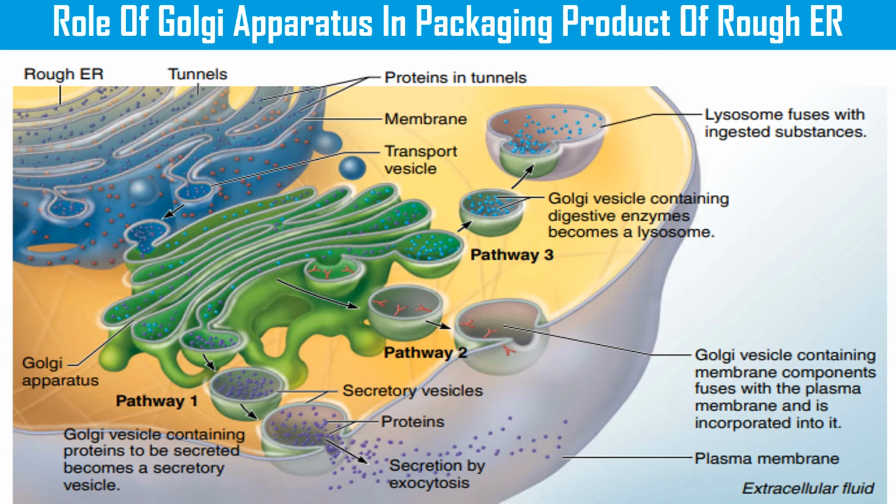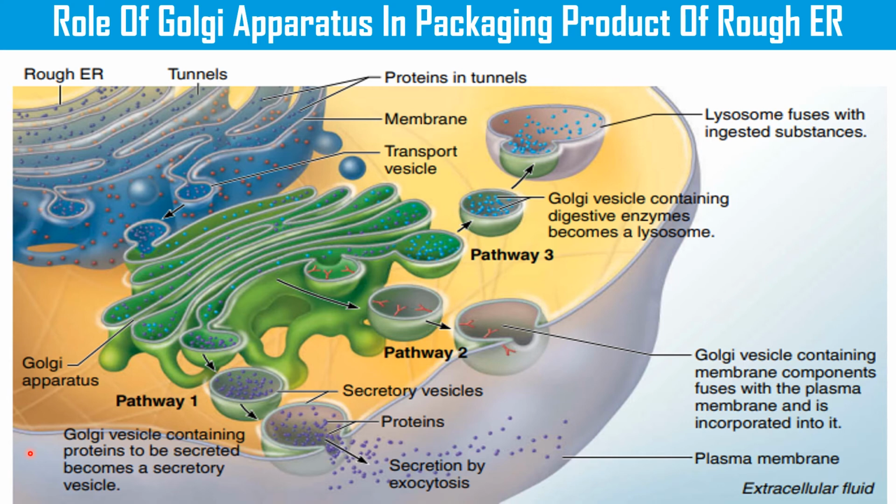The membrane ruptures and the content of the sac are ejected to the outside of the cell, which is shown through the pathway 1 on the screen. Mucus is packaged this way, as are digestive enzymes made by the pancreatic cell.